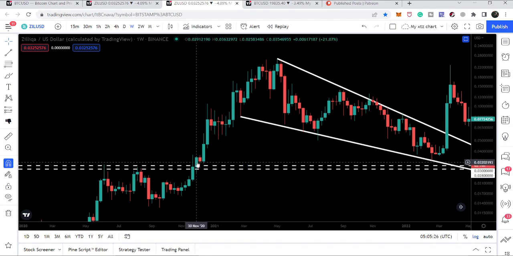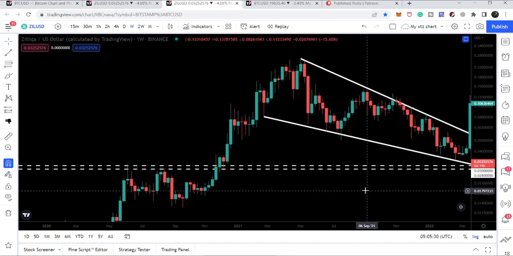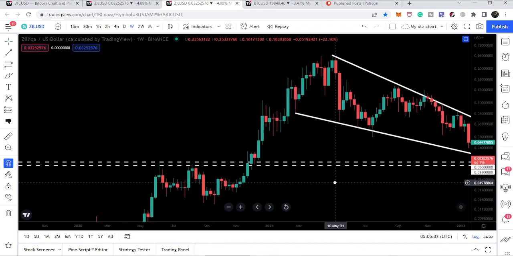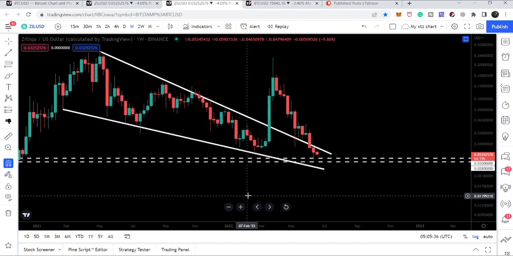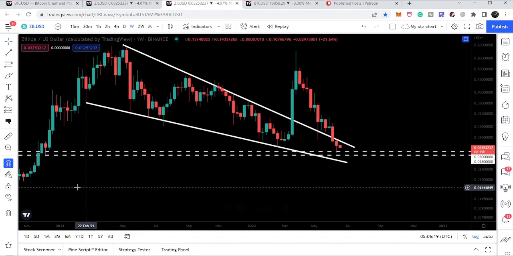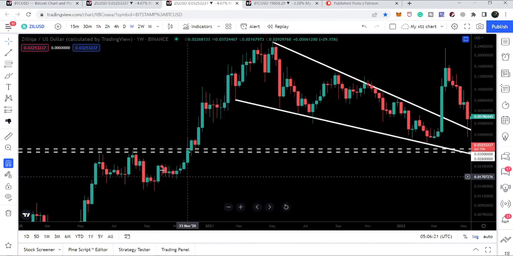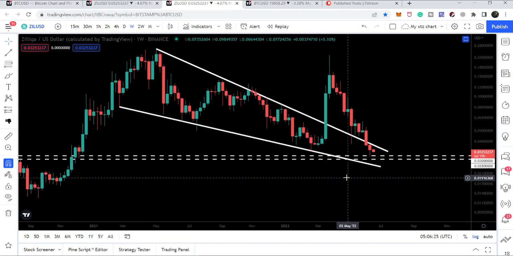We can see it was broken as a resistance here, and therefore it can hold as a support once again. In fact, this complete zone from 3 cents to 2.8 cents can work as a very strong support zone for Zilliqa coin.